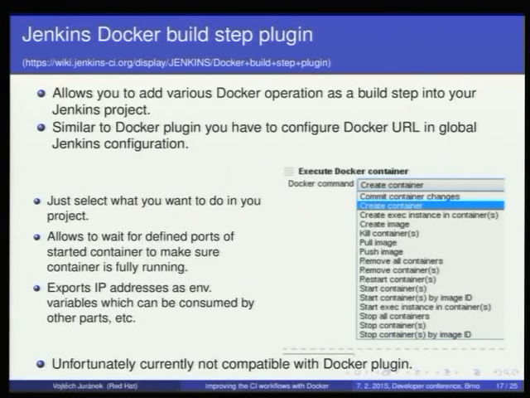This can be achieved in Jenkins by another Jenkins plugin, Docker build step, which doesn't make any assumptions about your images. It can be arbitrary. The Docker image doesn't have to contain a JVM or SSH service. It just starts the image or allows you to do any operation with an image or container you like.